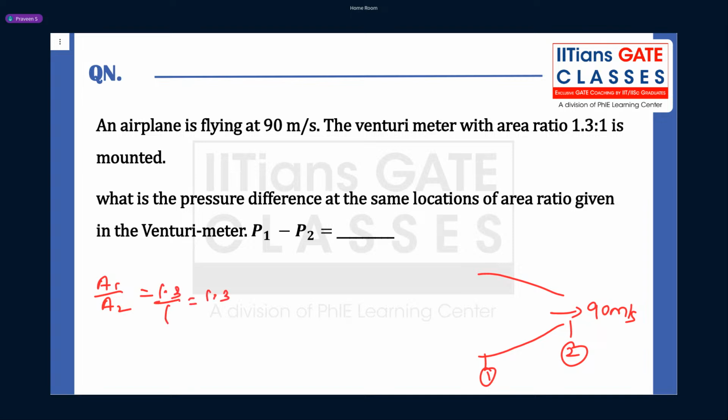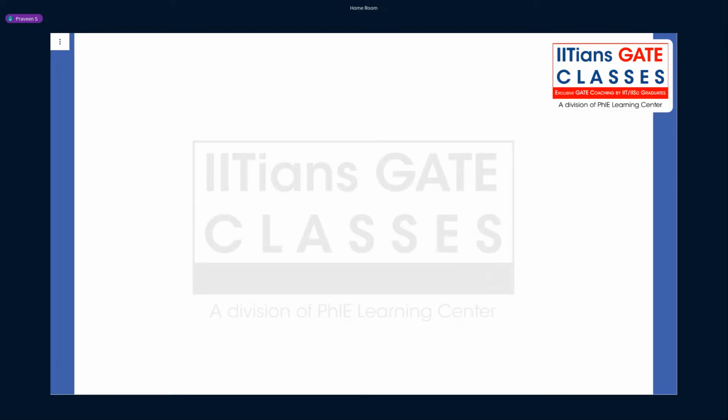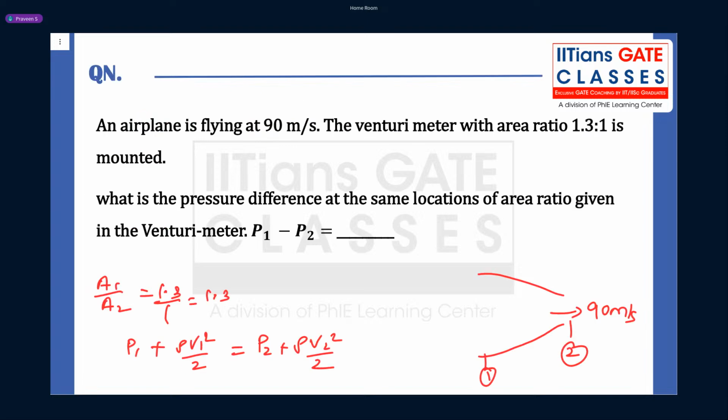So if we apply the Bernoulli principle, which is P1 plus rho V1 square by 2 equal to P2 plus rho V2 square by 2, we can easily get P1 minus P2, which I can write as follows.